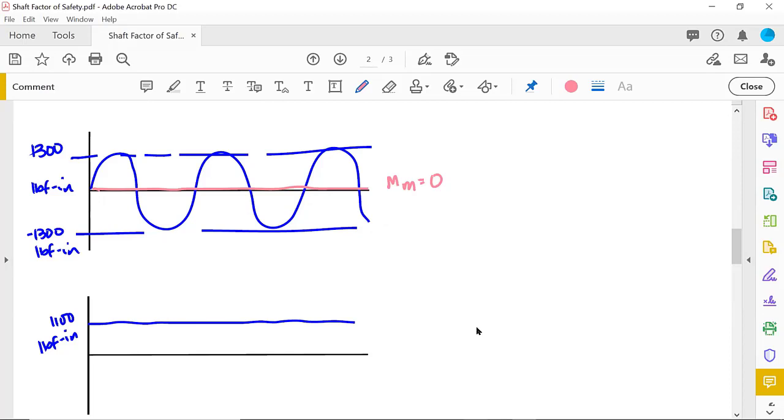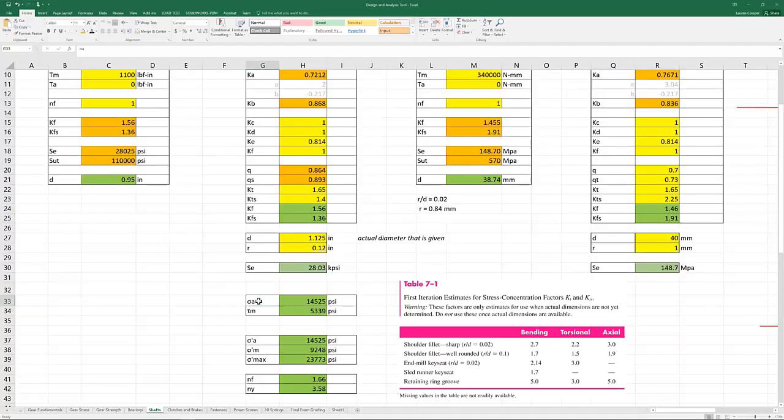And then in the case of our torque, we don't have any fluctuation here from our mid-range value. So our alternating torque is 0. And this is going to be the general case for rotating shafts. So you will be fine in your analysis tool if you just have sigma A and tau M.